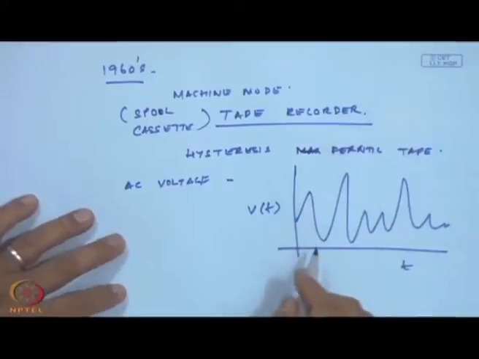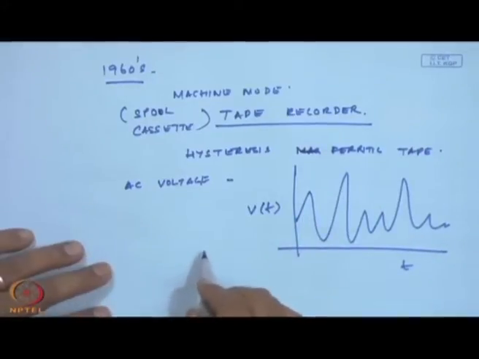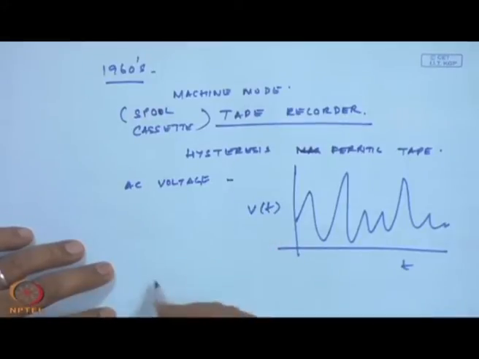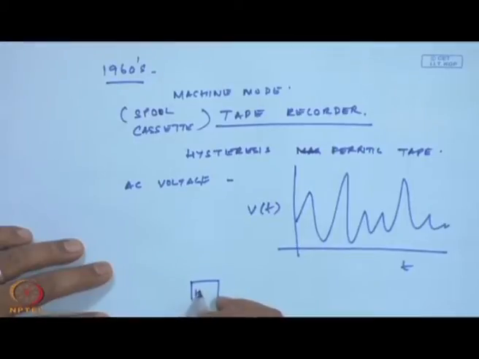Now, because of this varying voltage, there will be a magnetic flux created when the signal is recorded through the head of the tape recorder. So, we have a magnetic head, and then the tape is made to go at a particular speed, okay, and the take up spool and the home spool. Okay.